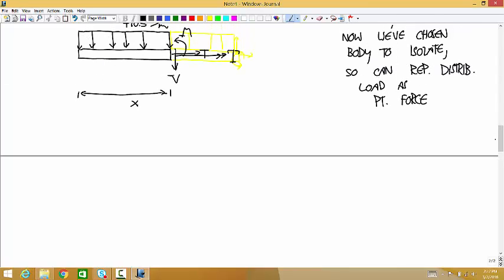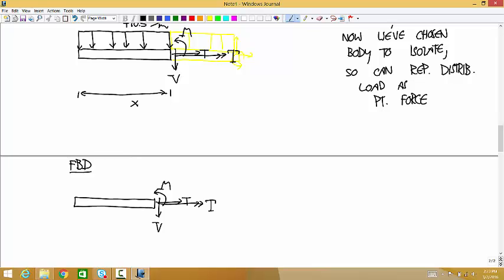So I'm going to redraw the free body diagram with the weight represented as a point force, and hopefully you'll see, maybe you won't see yet. So we have those internal loads, T, V, M, and torque.